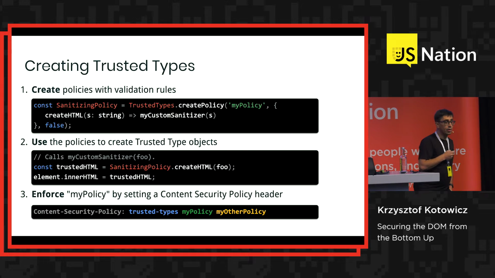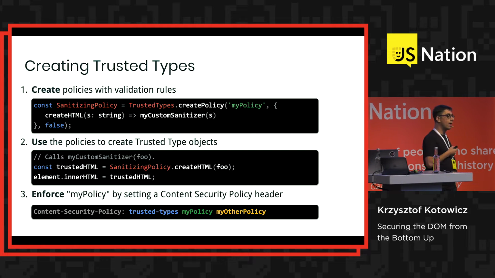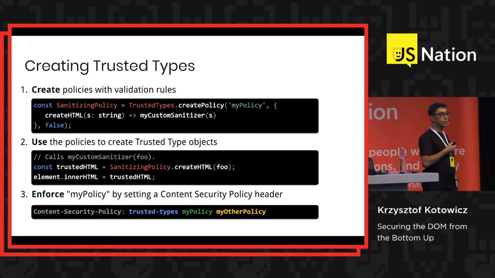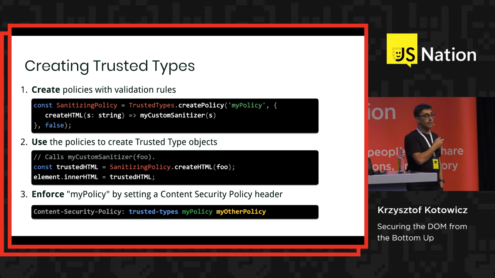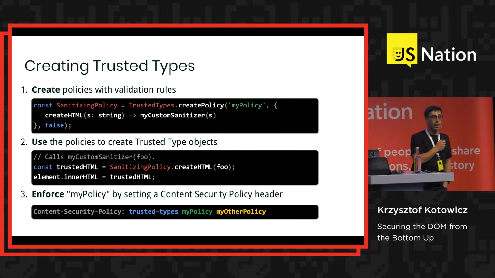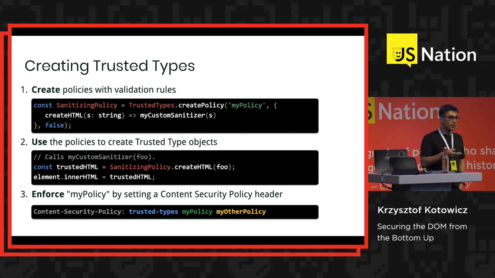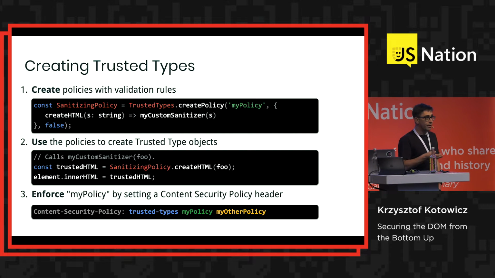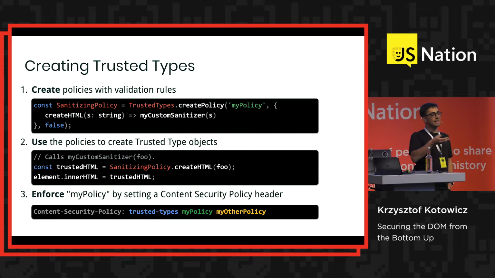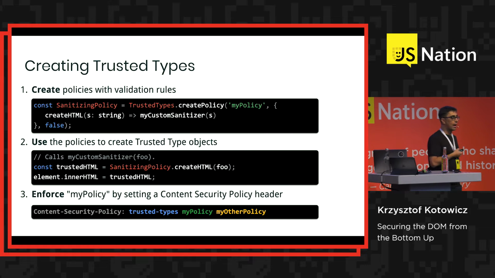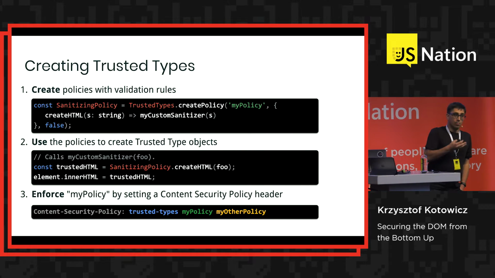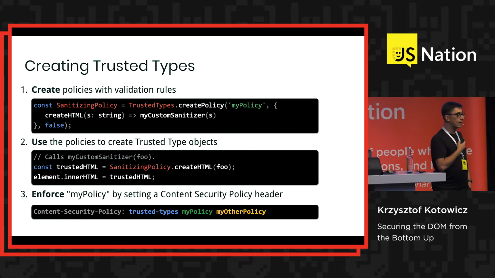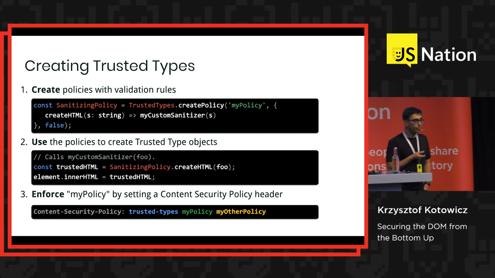So for example, this particular policy, whenever I intend to create a trusted HTML object of it, using it, my custom sanitizer function should be called. And that explicitly says that an object created through this policy will have the data sanitized according to my rules, according to my application-specific custom, perhaps security review, most likely security reviewed rules.